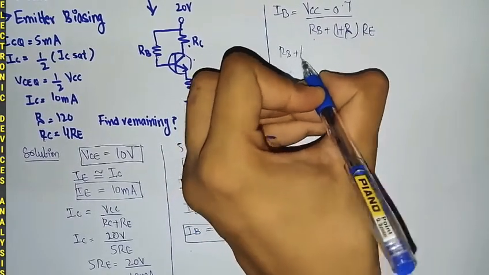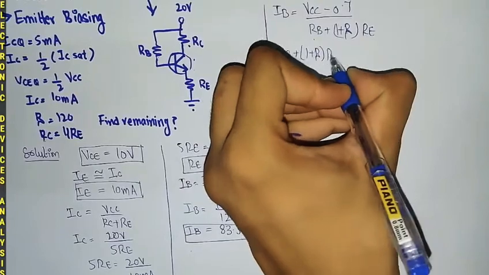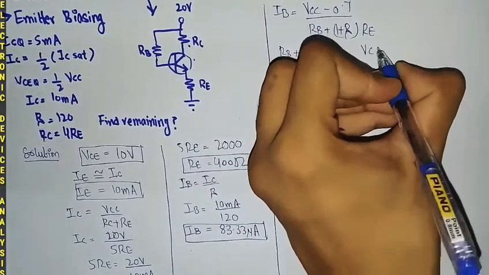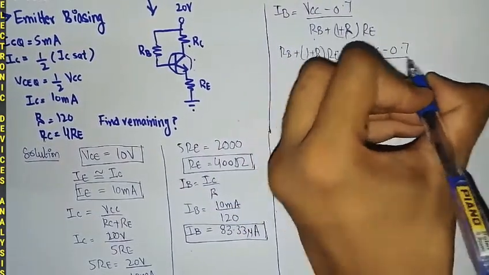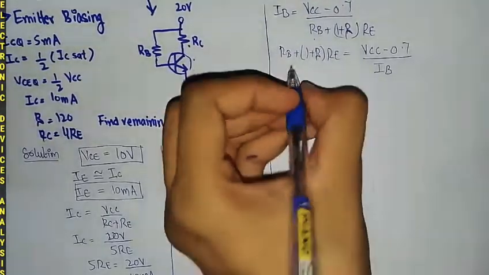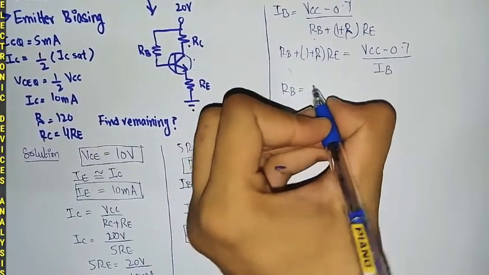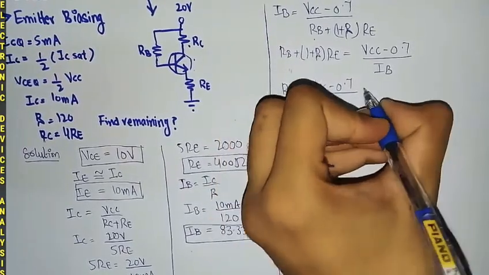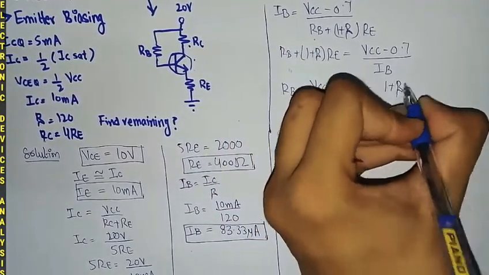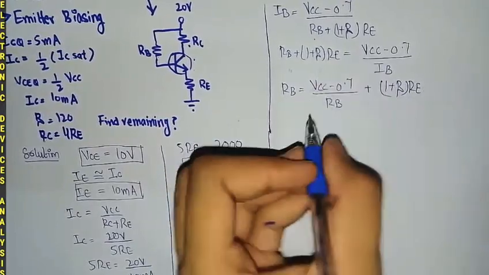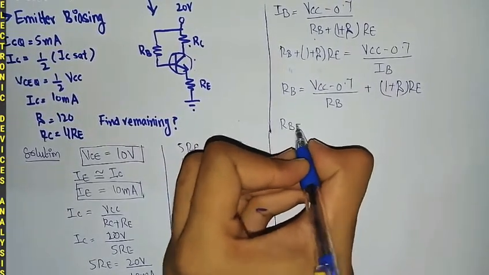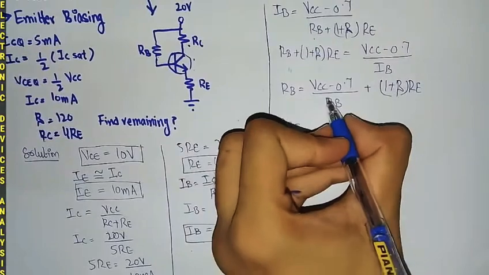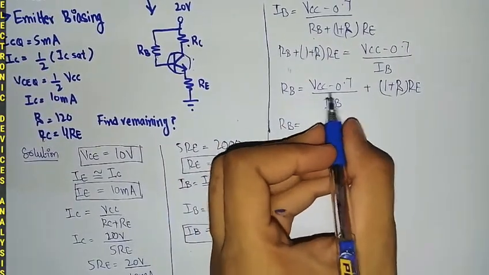RB plus (1 plus beta) times RE will be equal to VCC minus 0.7 over IB. So here RB will be equal to (VCC minus 0.7 volts over IB) minus (1 plus beta) times RE. From here you can find the value of RB. Here is IB, so put all the values.